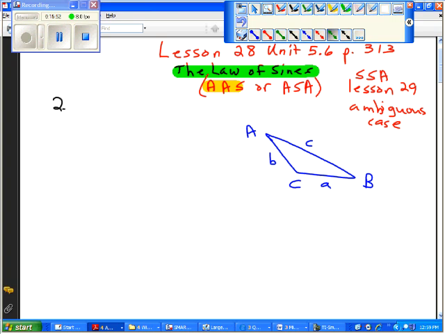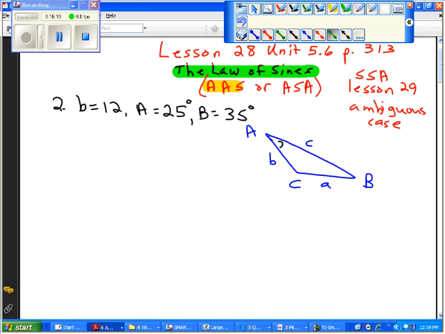On number 2, what they gave us was little b is 12. They gave us that angle A is 25 degrees, and that angle B is 35 degrees.